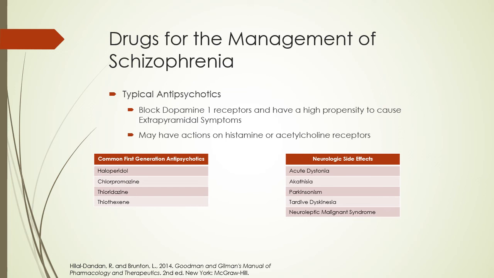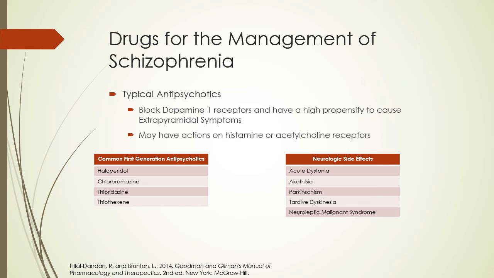These include acute dystonia, which means that the face, the neck, and the back muscles are very spastic, and they are contracting inappropriately, and that makes them harder to move.